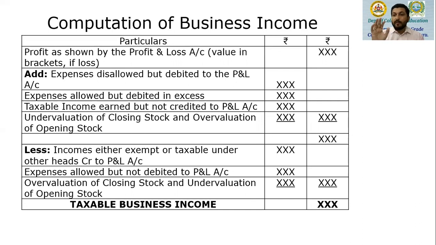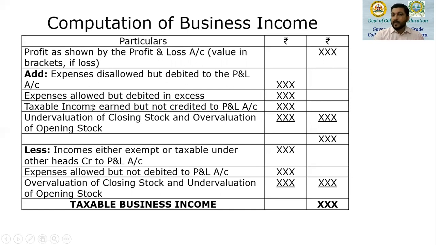It means 5,000 excess depreciation has been debited. When we say excess amount has been debited, the profit is going to come down and the tax will also decrease. So for that reason, expenses allowed but debited in excess, such amount will be added to profit.